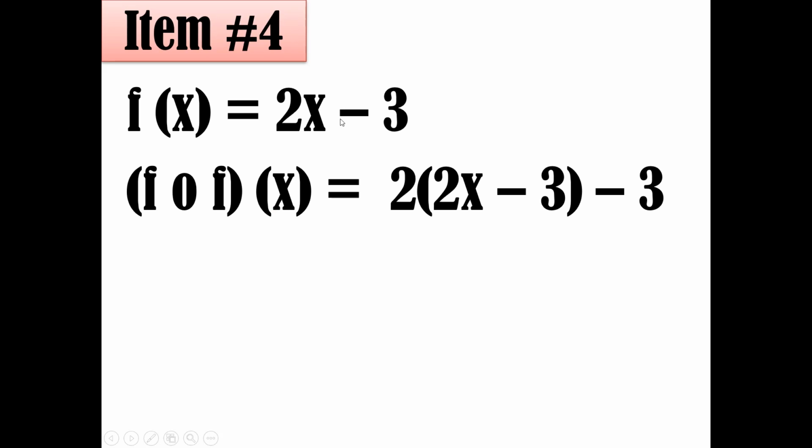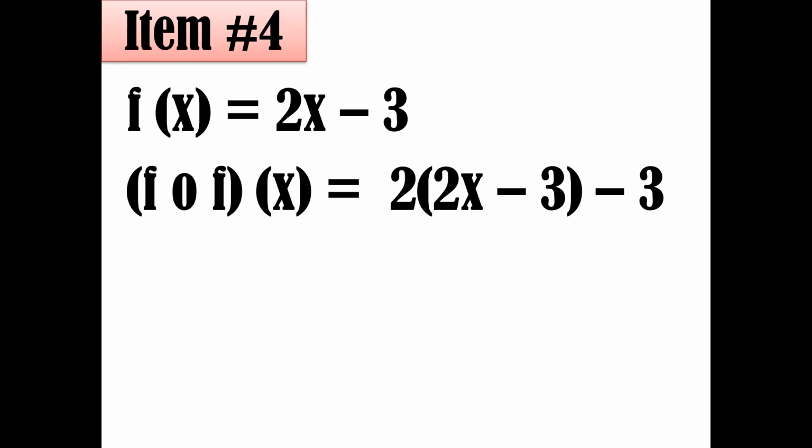So, yung x nito ay papalitan po ng 2x minus 3. That's why, ito po yung nakikita nyo, twice of the quantity 2x minus 3. But still, minus 3 pa rin, kasi nga itong x ay pinalitan ng 2x minus 3 lang.